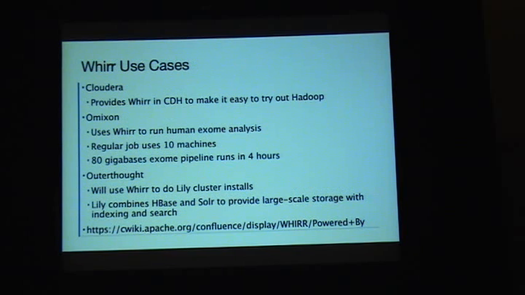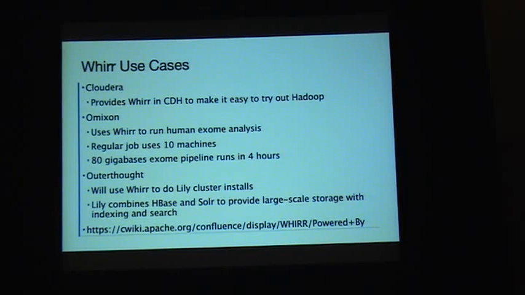Here are a few use cases that I know about. At Cloudera, we provide Whirr in CDH. That makes it very easy to start Hadoop clusters to try it out, as I just mentioned. There's a company called Mixon, which is a bioinformatics company, and it uses Whirr to run an analysis of the human exome, which I didn't know this word until recently.